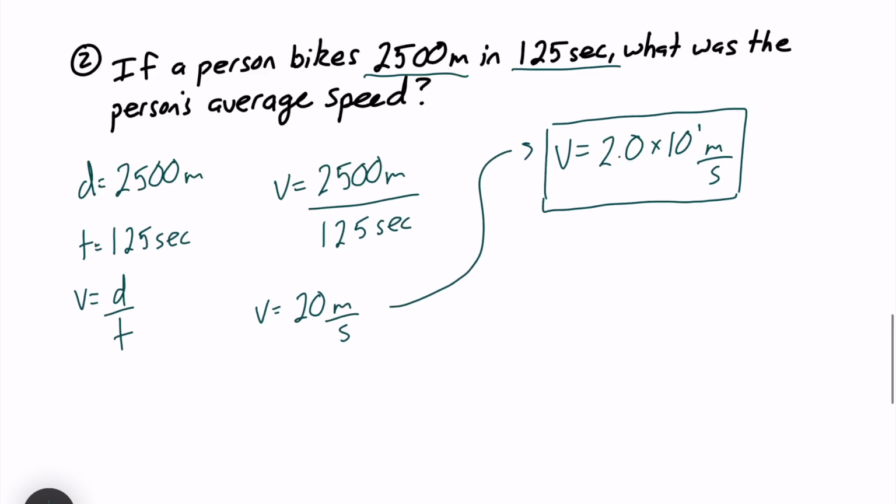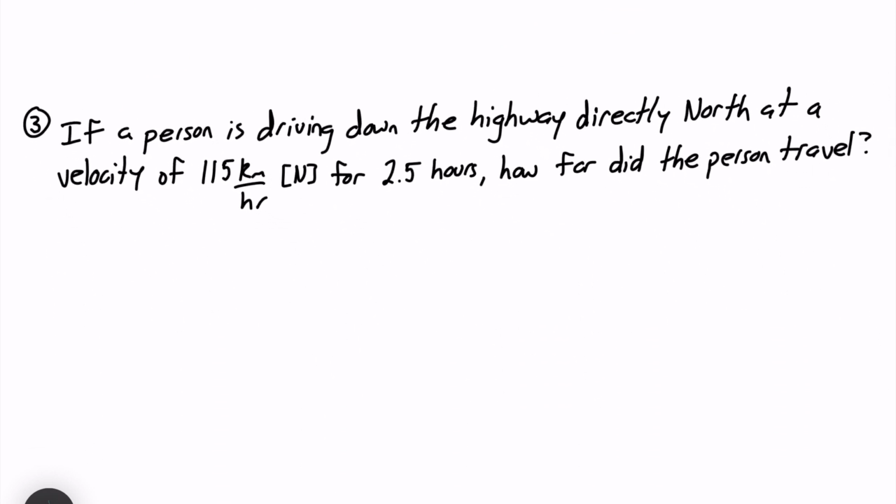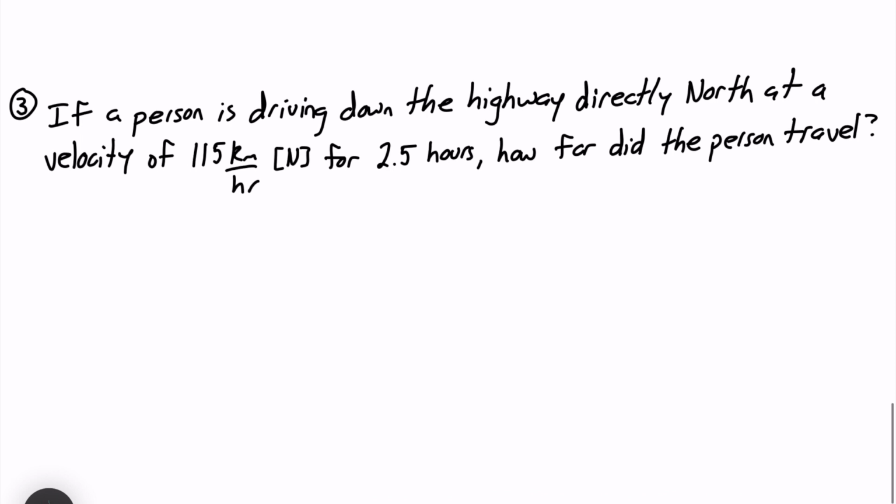So last example here, let's scroll down. Number 3, if a person is driving down the highway directly north, so we have a direction, at a velocity of 115 kilometers per hour north for 2.5 hours, how far did the person travel? Let's write down what we know.